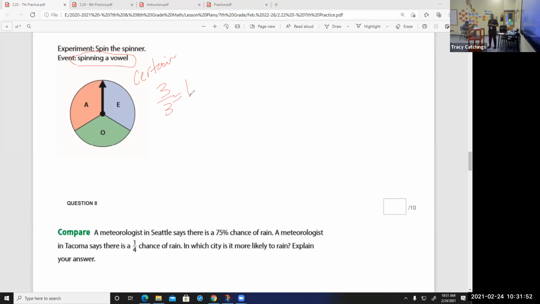All right, dropping down to number 8. It says a meteorologist in Seattle says there's a 75% chance of rain. A meteorologist in Tacoma says there's a 1/4 chance of rain. In which city is it more likely to rain? And it's wrong. Why? Good job.